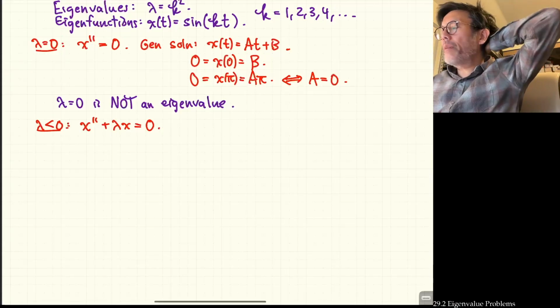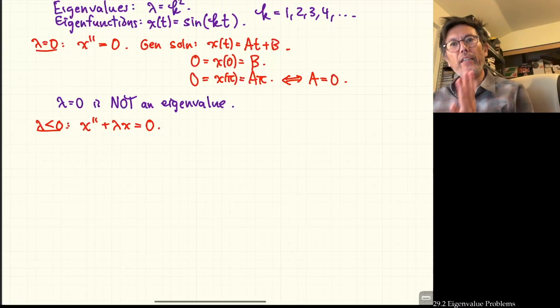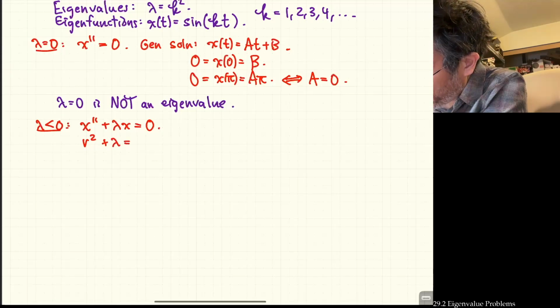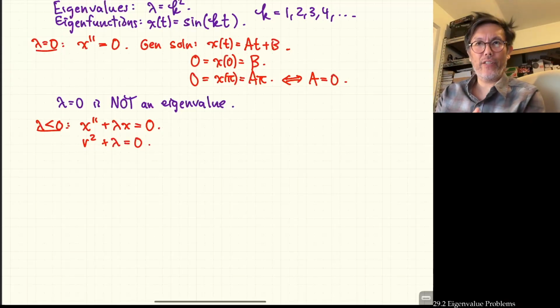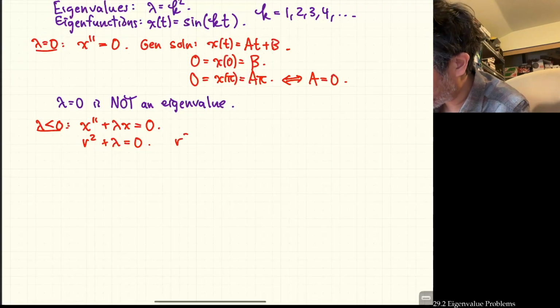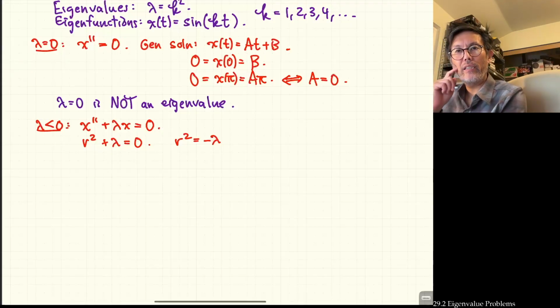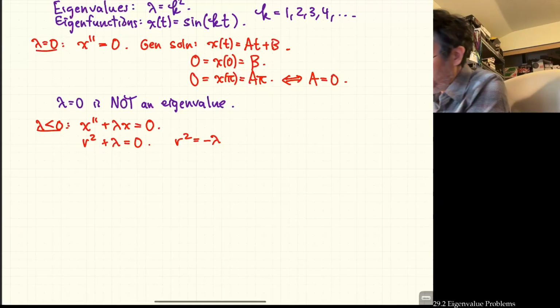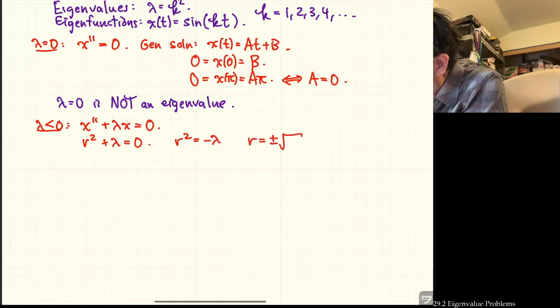If we write down the characteristic polynomial, that's going to be r squared plus lambda is equal to 0. Remember, lambda is negative here. So I can subtract lambda from both sides and then take the square root of both sides. And when I take the square root of negative lambda, I get a real number. The solutions are r equal to plus or minus the square root of negative lambda.